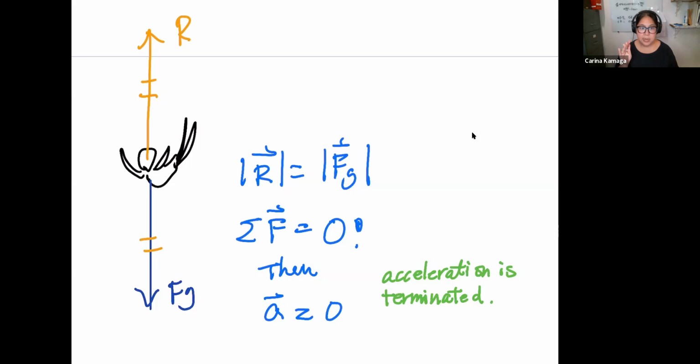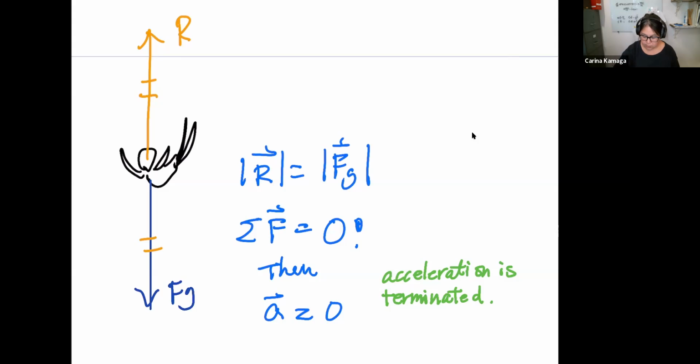So after this, air resistance and gravitational force match. It's no longer accelerating, and the person is going to be in constant motion with constant speed. Such a speed is called terminal velocity or terminal speed.